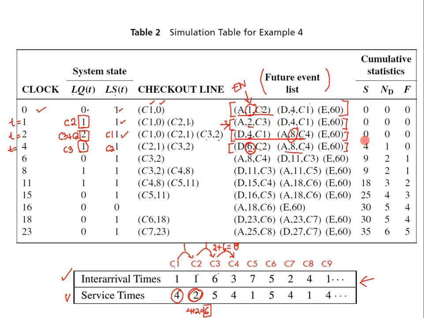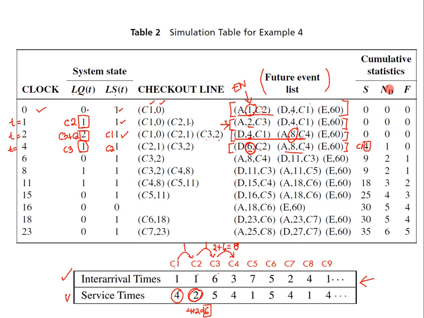Because customer 1 already left the system at time 4. So we already know how long customer 1 spent in the system, which is 4 minutes. Why 4 minutes? Because customer 1 arrived first, went straight to the cashier and received service time of 4 minutes.